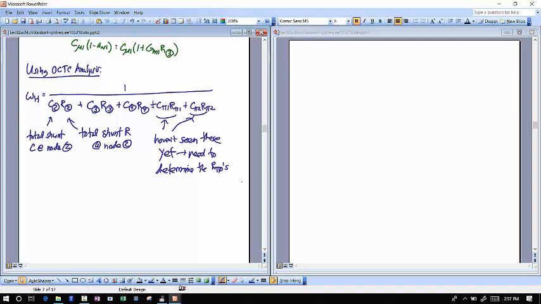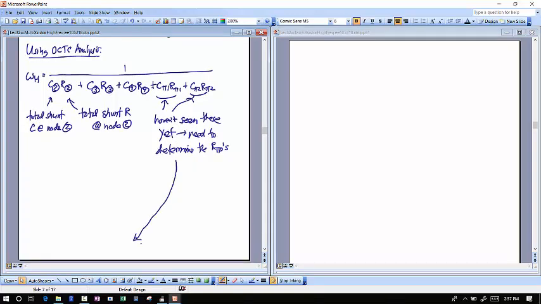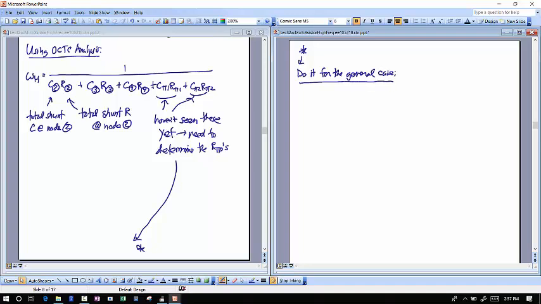So let me go to the next slide here, and let's do it for a general case. The general case is I have my generally loaded transistor here that you've seen before.